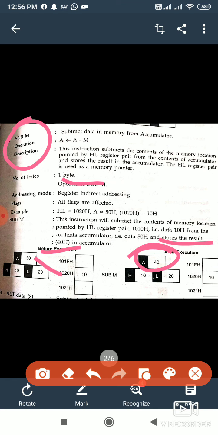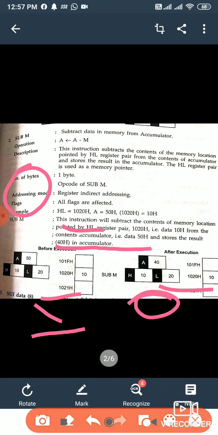Because it is using register indirect addressing mode, the microprocessor has to take the data from the memory also. Whenever the microprocessor has to take the data from outside the microprocessor, it has to use a machine cycle. Now the microprocessor has to take the data from some memory address. It means it has to read the data. So with opcode fetch, memory read is the machine cycle which has to be drawn here.